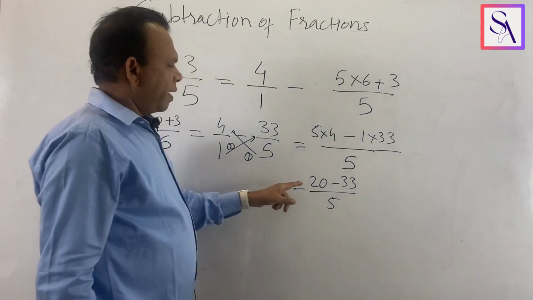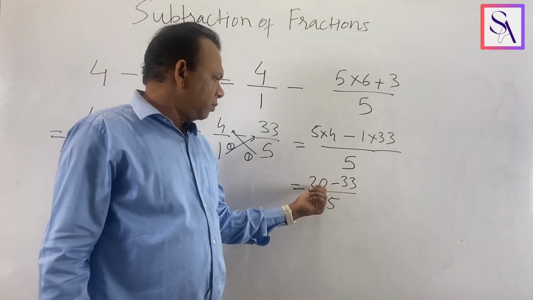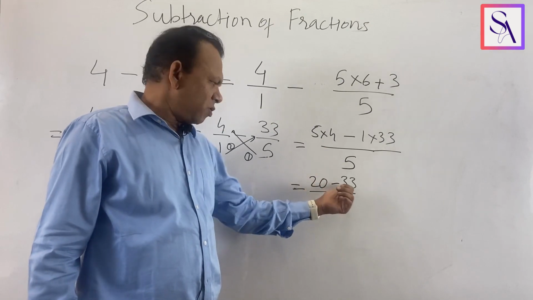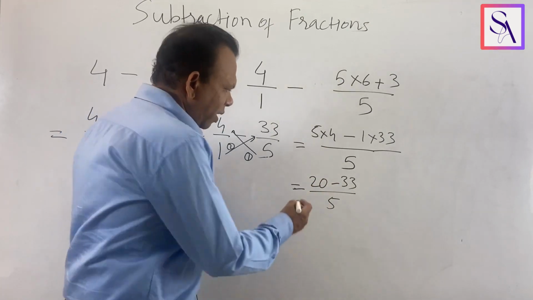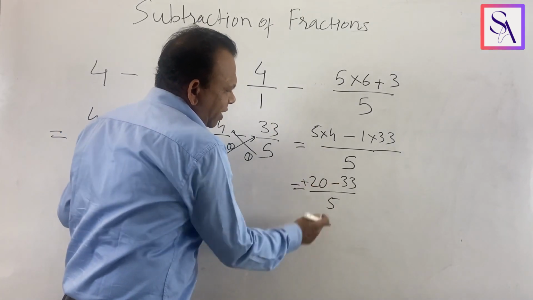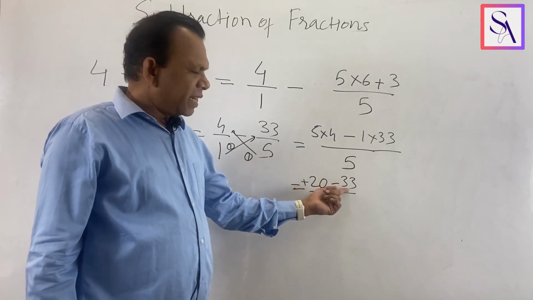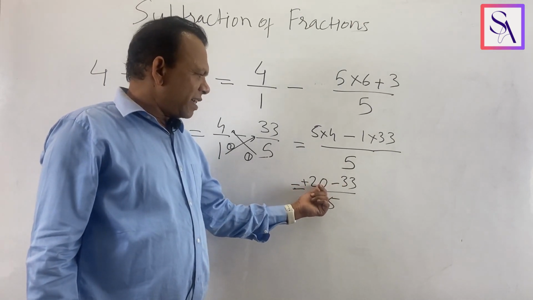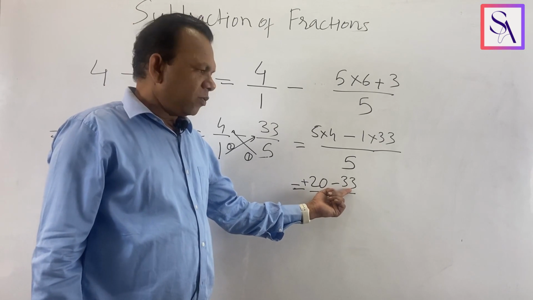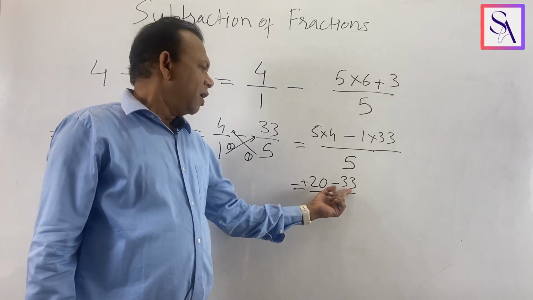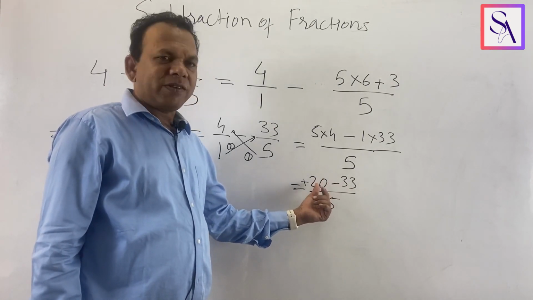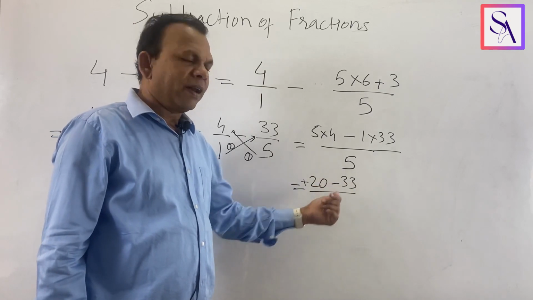So 20 minus 33. Now whether subtraction is possible? Yes, it is possible, because 20 has plus sign, this has minus. Now 20 minus 33. So 20 is lesser number, 33 is the greater number. So someone will think, how can I do the subtraction, because smaller minus bigger number.